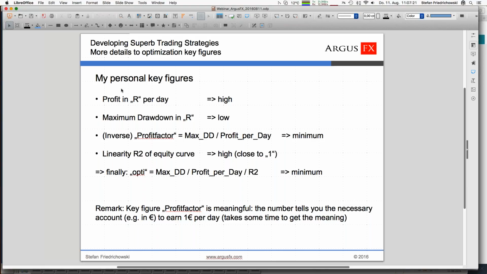The second key figure is that within the equity curve you always have a maximum drawdown.